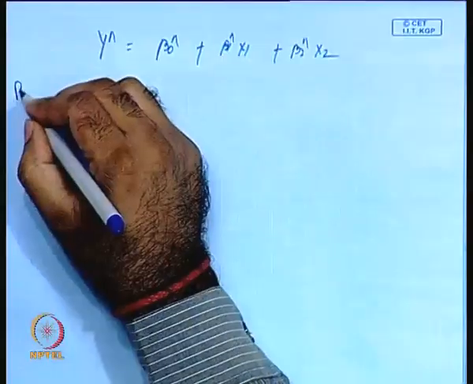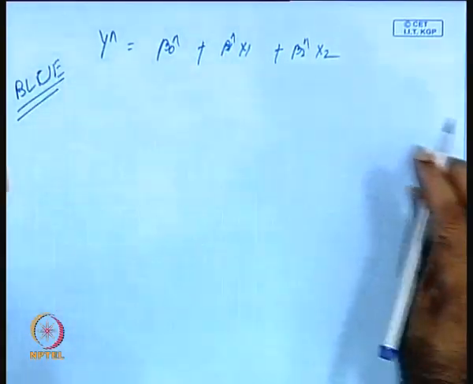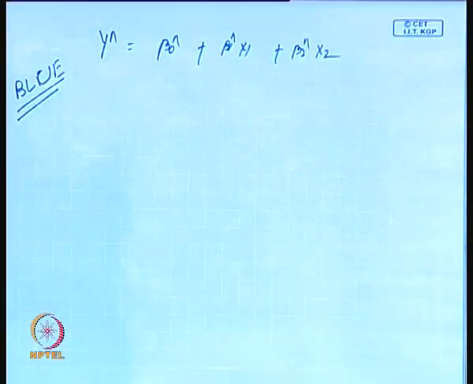The estimated parameters beta 1 head, beta 2 head should follow some sample properties, and that is through the BLUE theorem, best linear unbiased estimators. The moment you touch these theorem properties, you will get all this information.